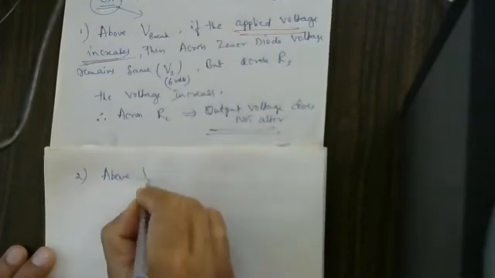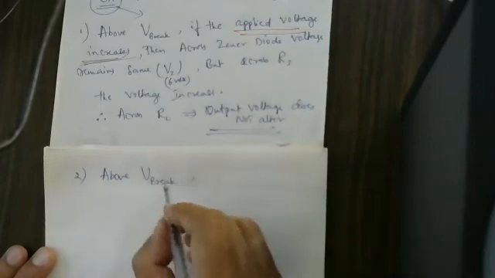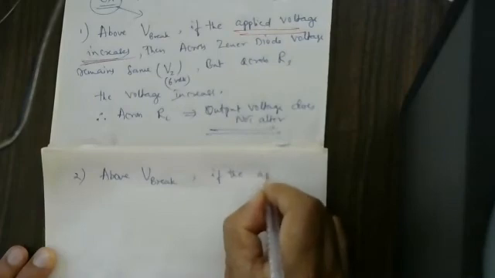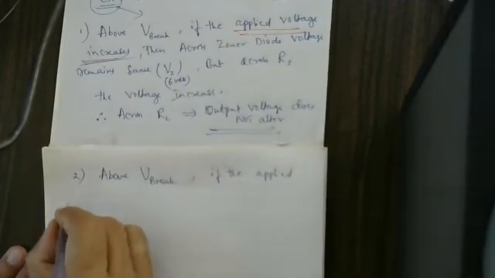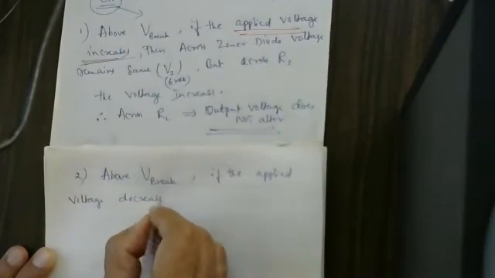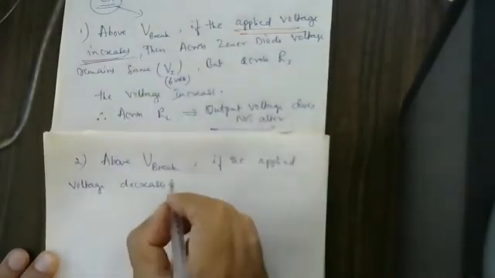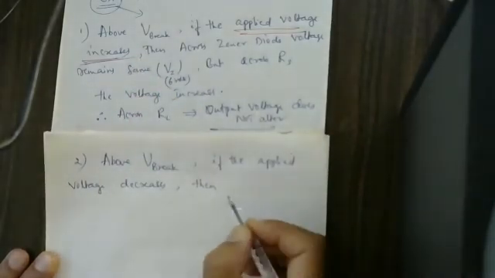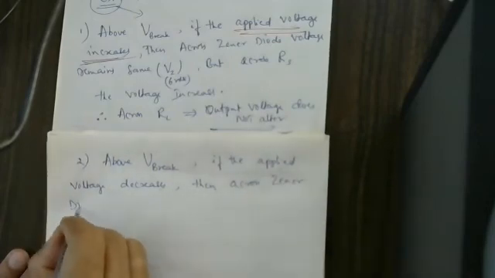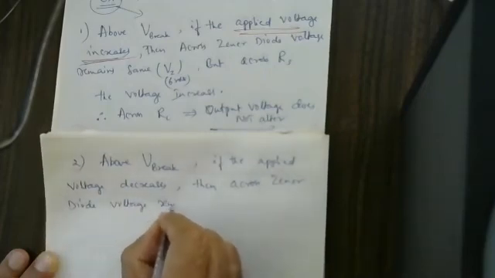Above the breakdown voltage, above the Zener breakdown voltage, if the applied voltage decreases, then across the Zener diode, voltage remains same.